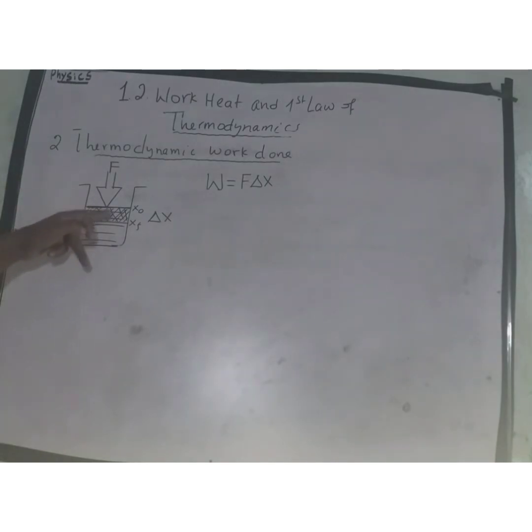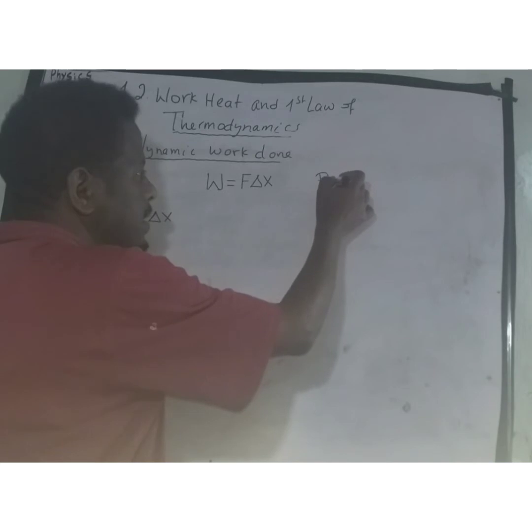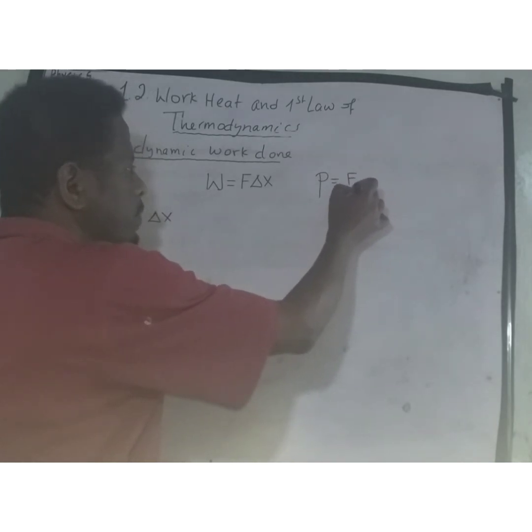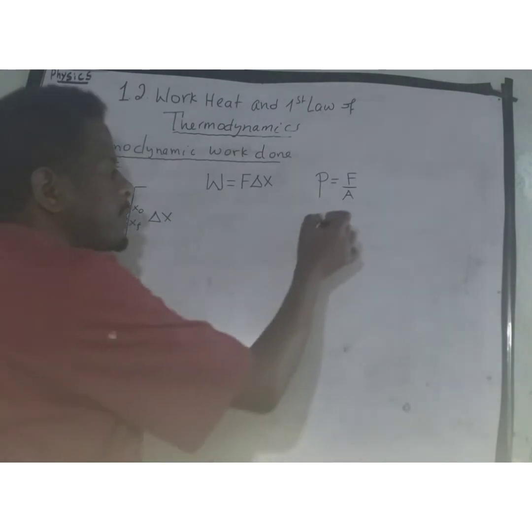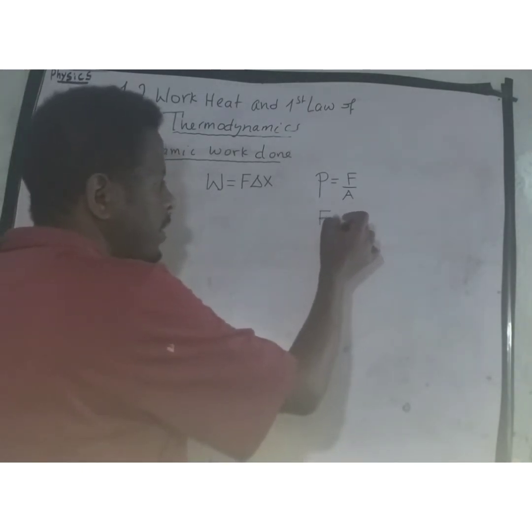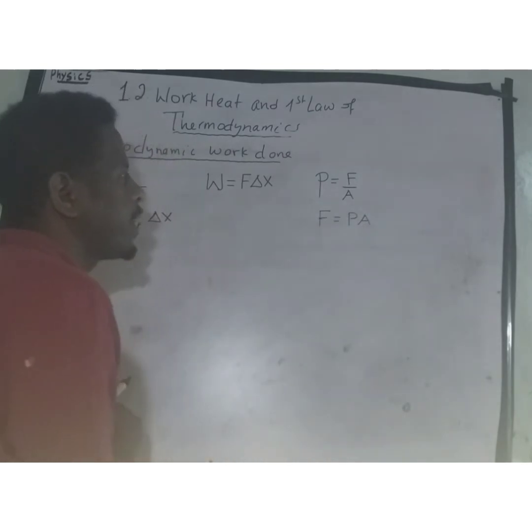When there is a force inside a piston, there is a pressure, and from mechanics, pressure P is equal to force acting per unit area. This implies that force F is equal to pressure multiplied by area.